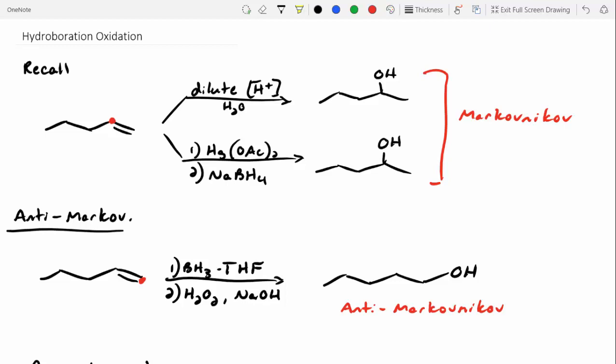However, with anti-Markovnikov, this is the only route we have to get there. So it's more based on the reagents. Exactly. Yeah, what we're going to do this term is we're going to build our synthetic toolbox. So we're going to discover a variety of different ways to make similar molecules, and sometimes we want specific regiochemistry or stereochemistry, and that's going to determine which reagents we use.